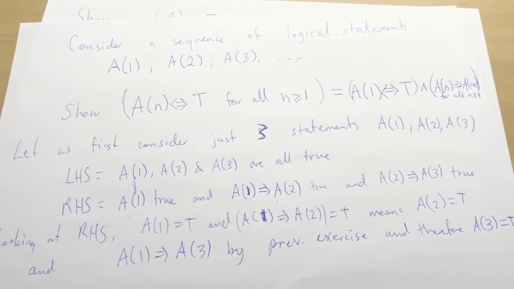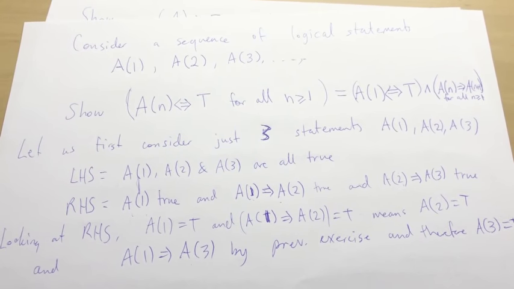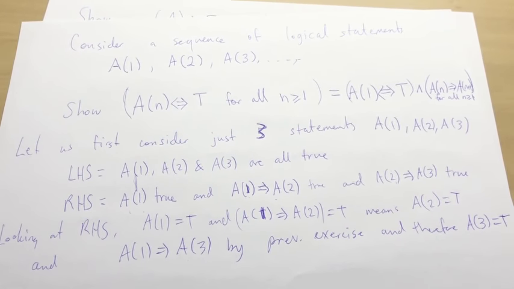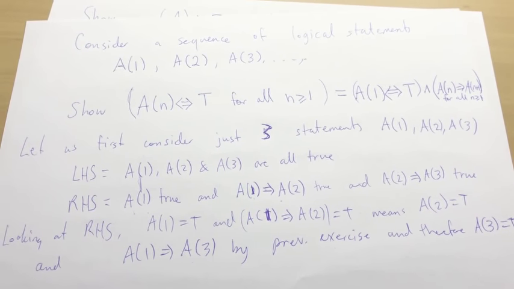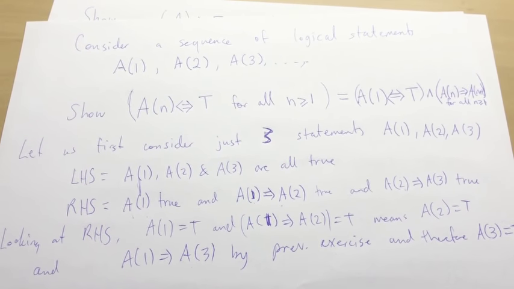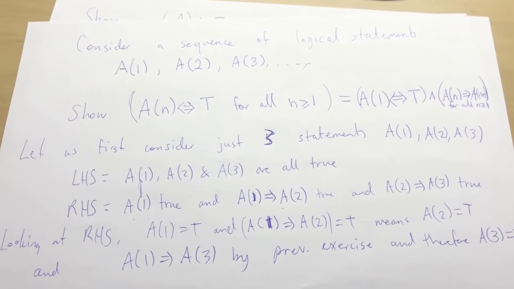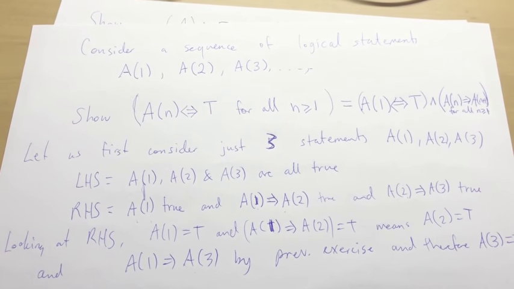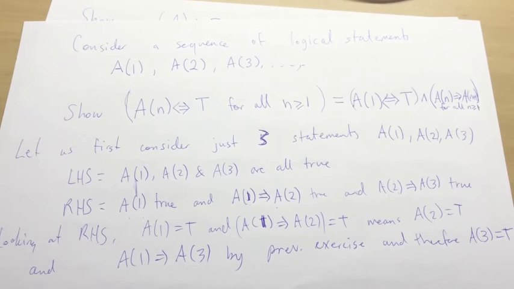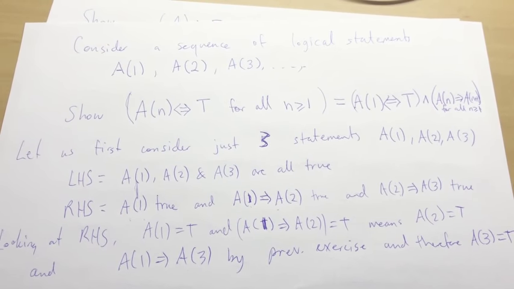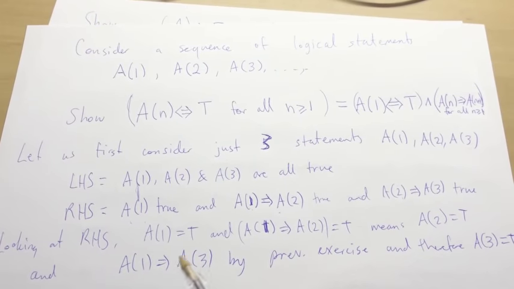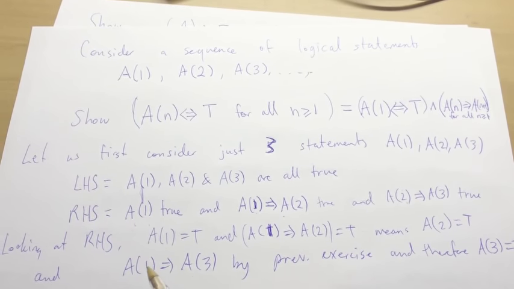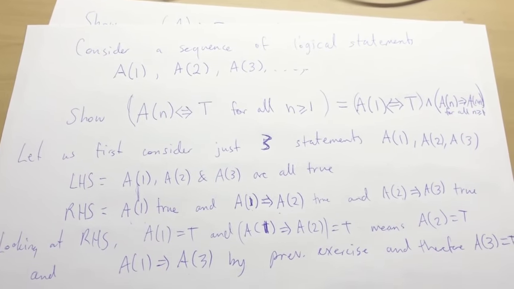And actually if you notice what's happened, if we change 3 statements to 4 statements or 5 statements, we're really just doing longer and longer chains of arrows to establish all of the statements are true.